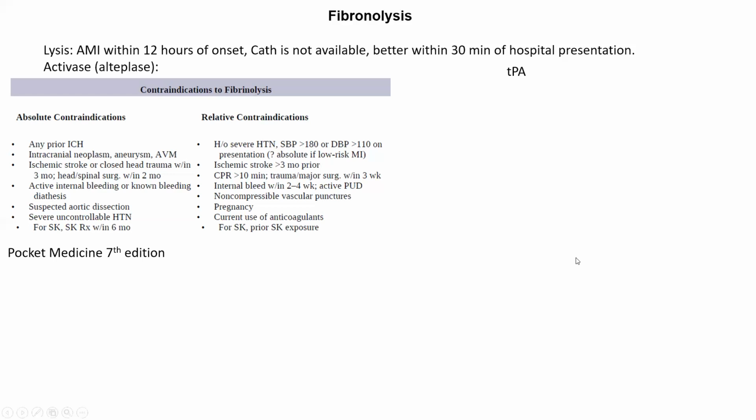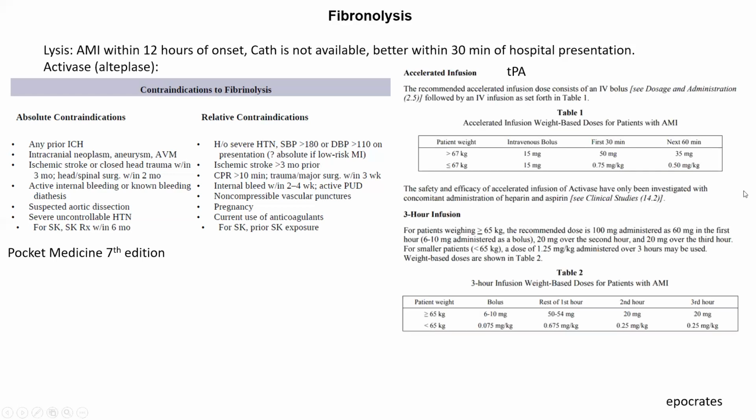And the medication, as I mentioned, that we can consider using is Activase. And here are two ways to use this medicine to treat the patient. One is accelerated TPA infusion. The other one is a 3-hour TPA infusion. Actually, there is no clinical trial comparing the two treatments to see which one is better.